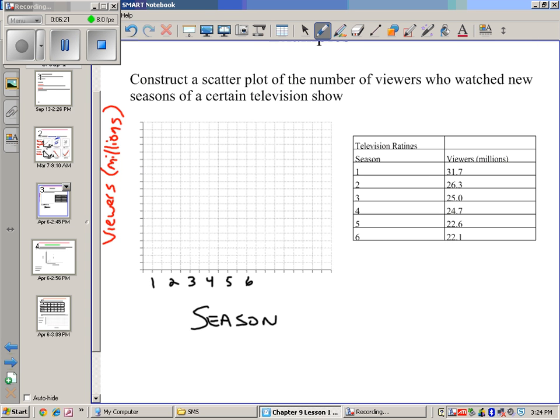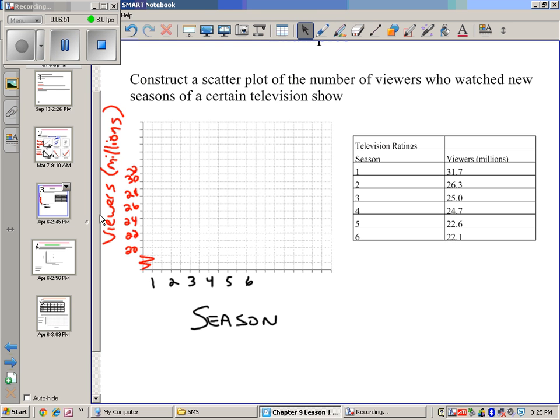What is our lowest one? 22. So we're going to have a little break in the graph. Remember, to show a break in the graph, you put a little squiggly line so it's known there's a break right there. Let's start here at 20, 22, 24, 26, 28, 30, 32. I think that will cover us.